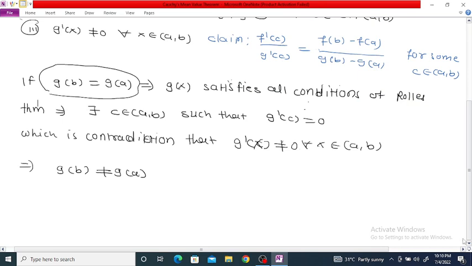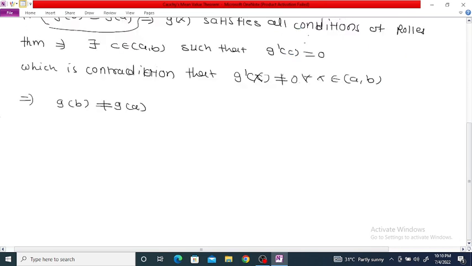Now we are going to define a new function.